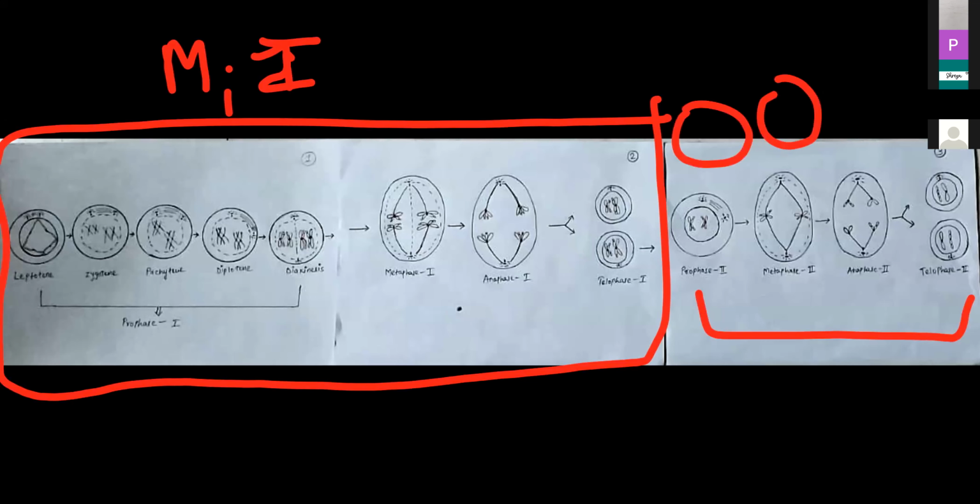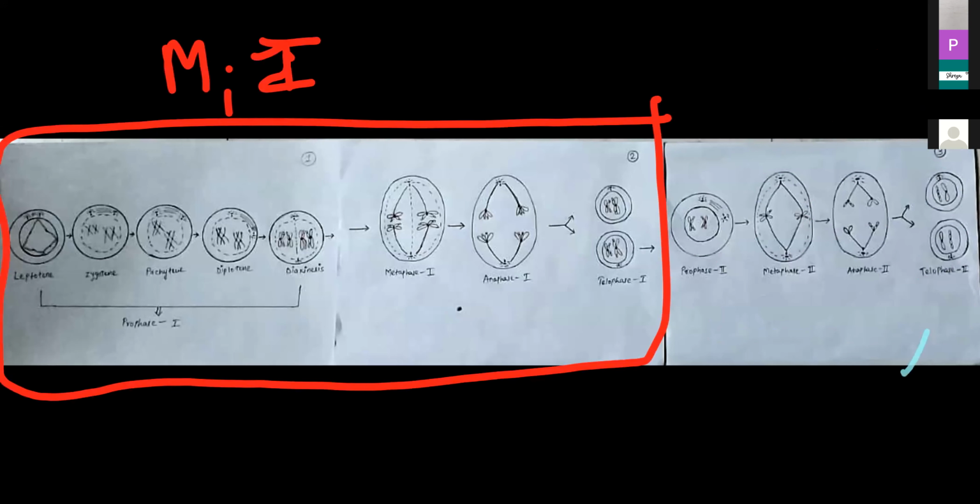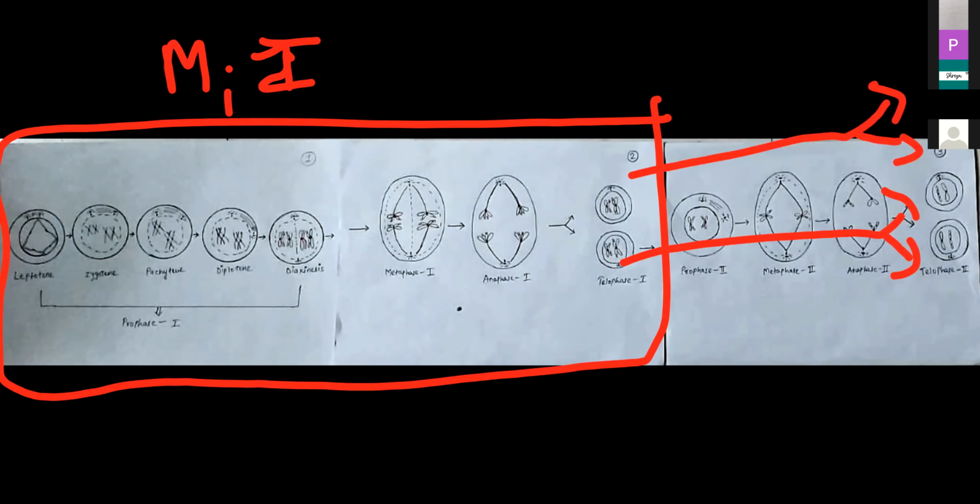Same will happen with the another cell also. And there you can see the four cells coming into existence. So now what we are going to look at is just one of the daughter cells fate. Same would be there for the other daughter cell also, which is born at the end of M1.